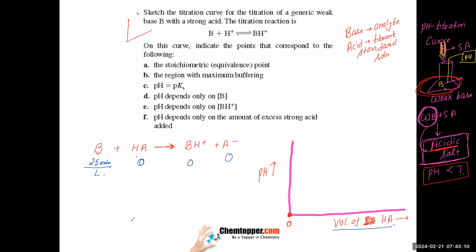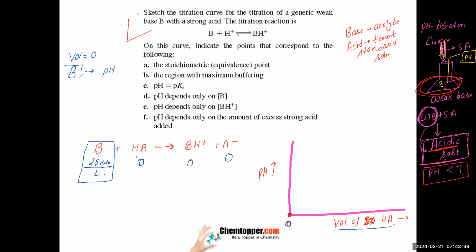How to determine the pH here at this point? From this weak base. So who is going to determine the pH at this point? When the volume of the acid is 0, the weak base will determine the pH.